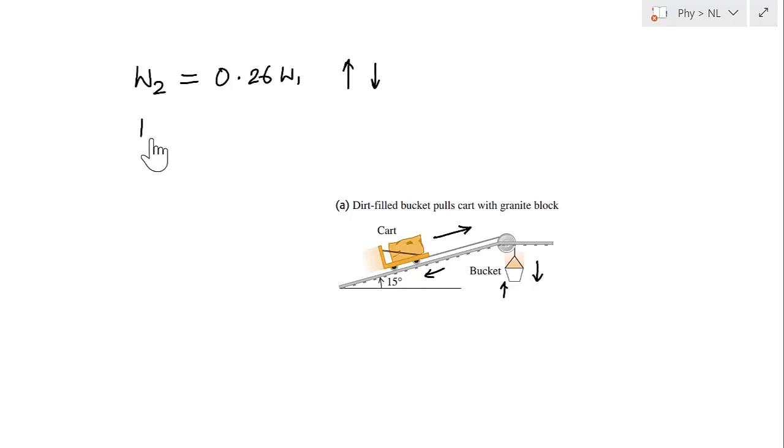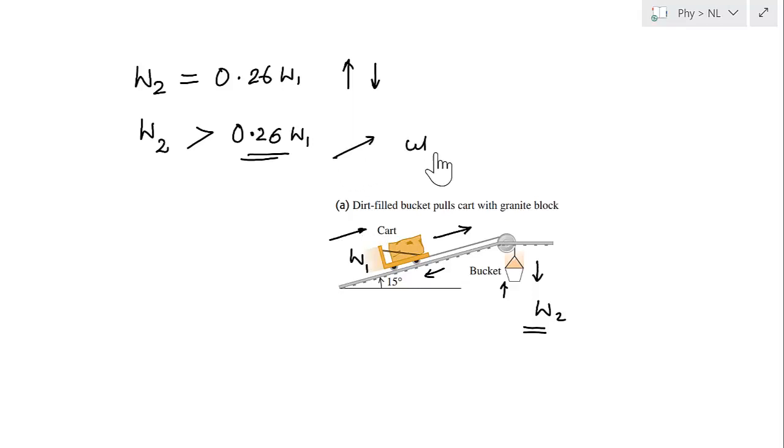Now what will happen if W2 is greater than 26% of W1? So this is W2 and this is W1. W2 is greater than 26% of W1, so this means this side is heavy, and this whole system will move up.